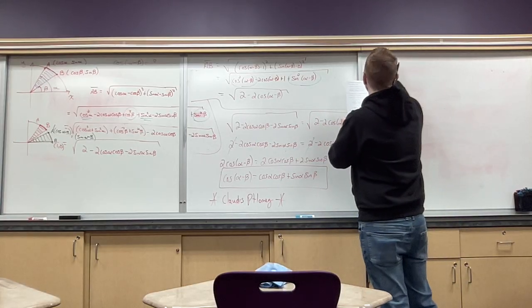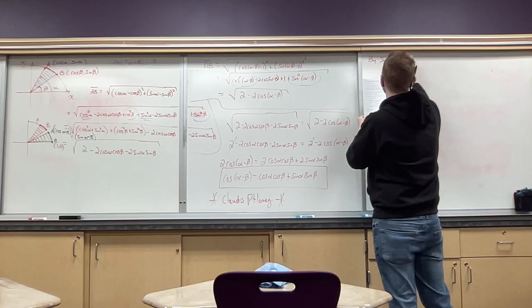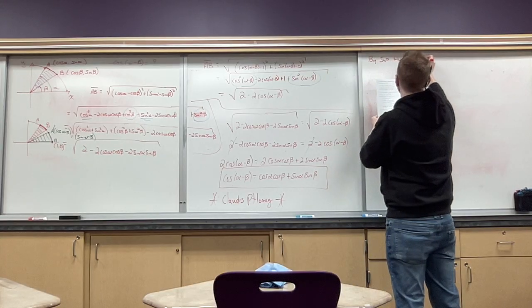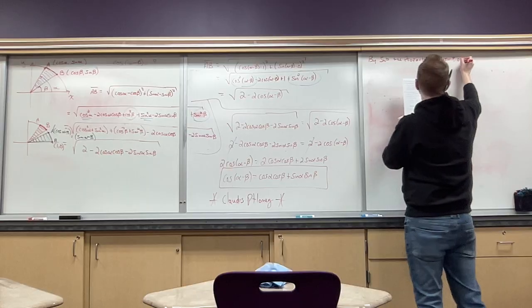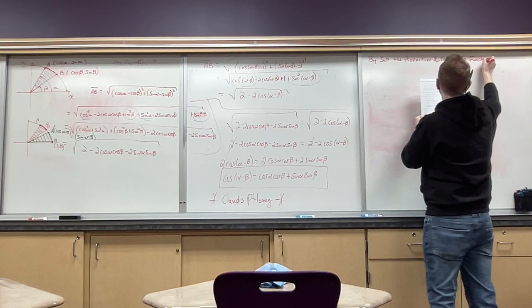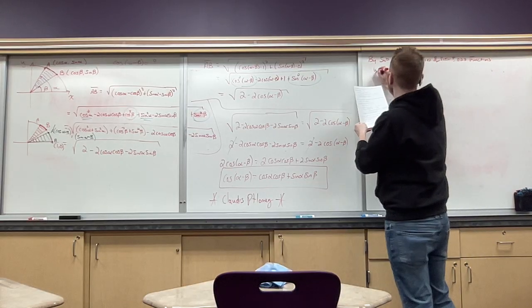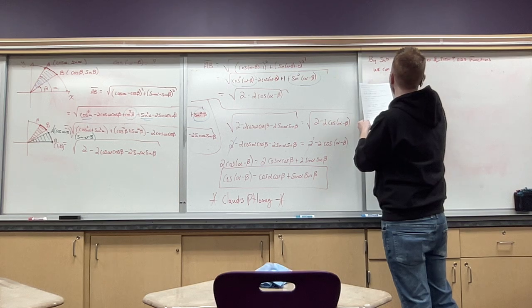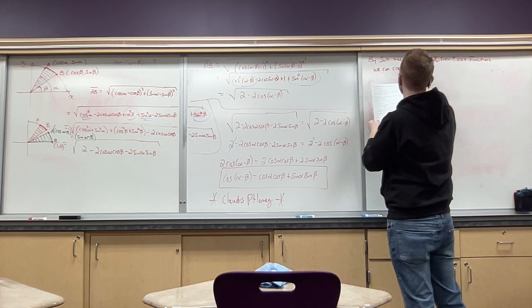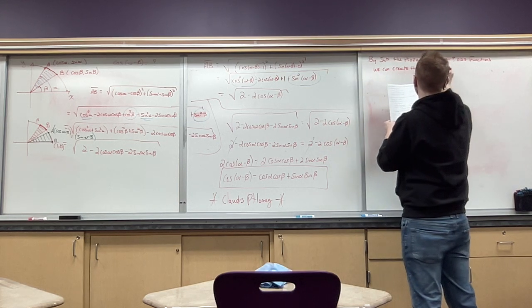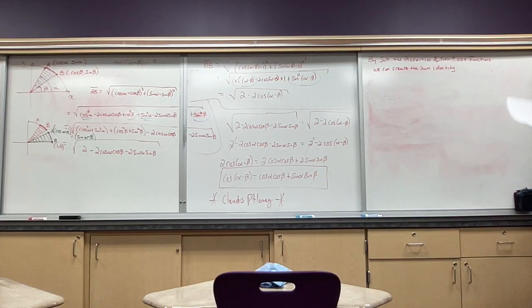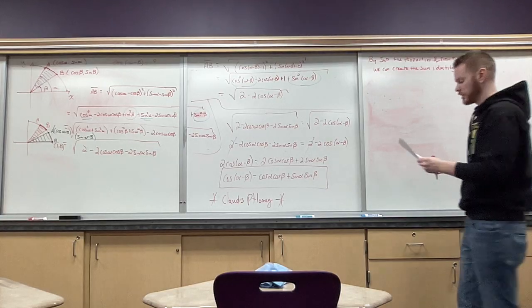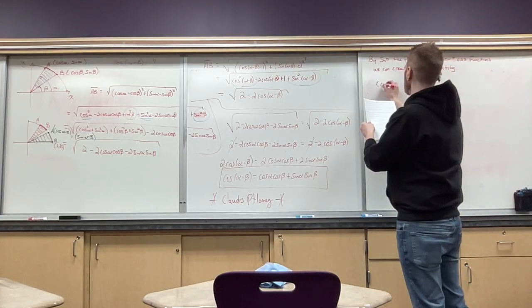So let's put here, by substituting the properties of even and odd functions, we can create the sum identity. Okay, so without me going through that whole process again, I can use properties of even or odd to figure out what the sum identity for cosine is. So this is what we got originally.